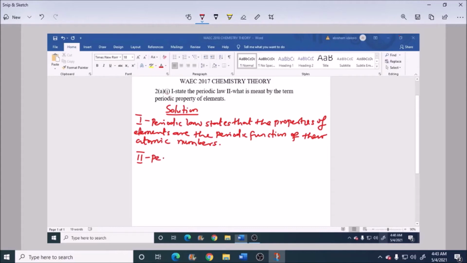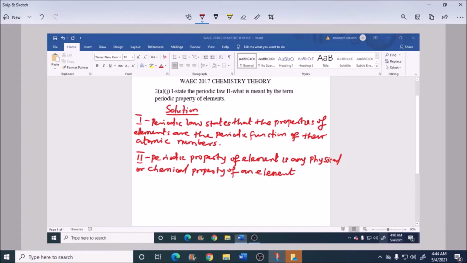So periodic property of elements is any physical or chemical property of an element which changes regularly with increasing atomic number.